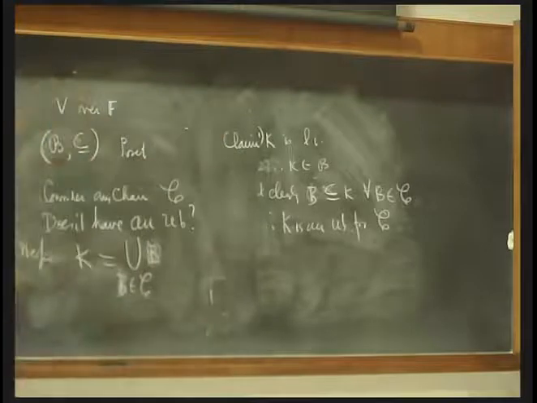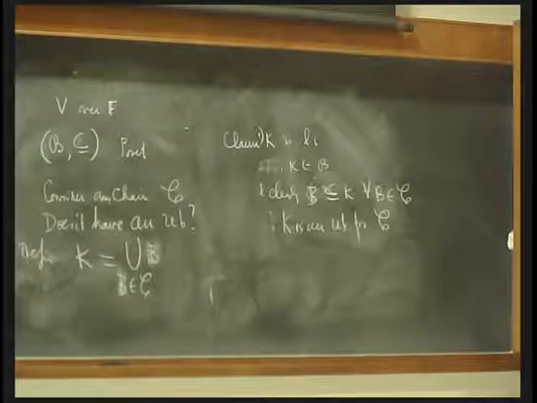How do I show that it is linearly independent? If it is finite, then I have to verify the standard condition. Suppose K is finite. It will have a finite number of elements, say K1, K2, ..., Kn.